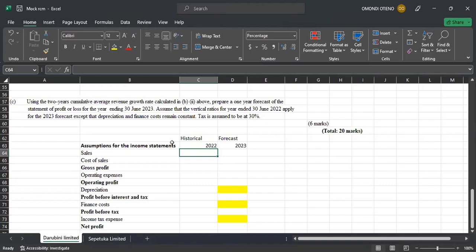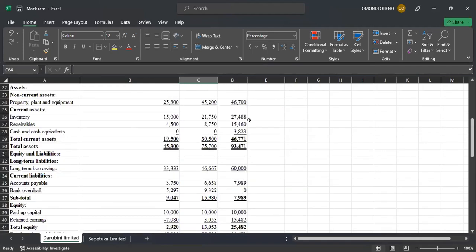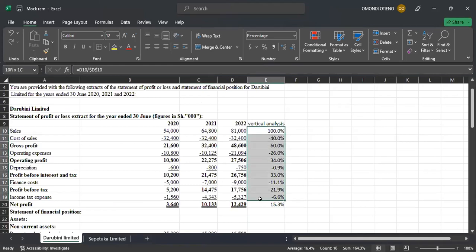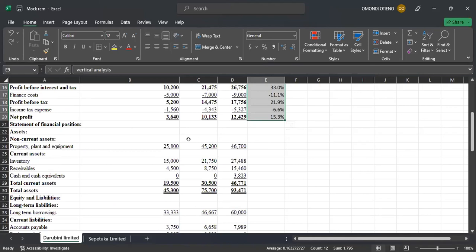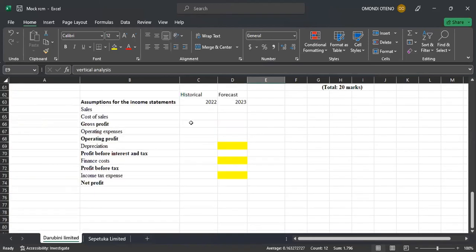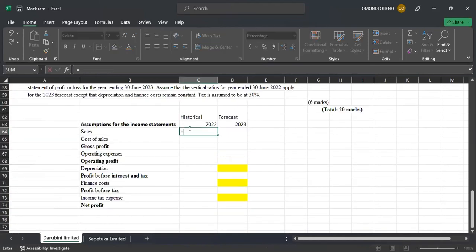Now, the ratios that we have are these ones here. Let me just transfer them here. So let's do the workings down here.